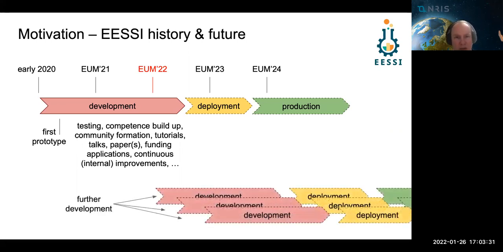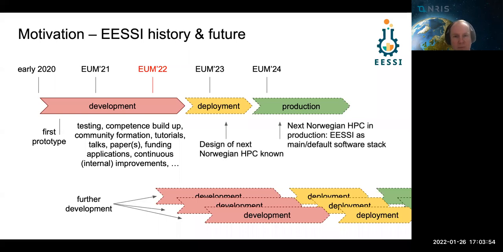Of course, it doesn't mean that the development would end this year. There will be more features requested, more internal improvements, and so on. So the development will go on, and then we will have new releases for EESSI and also deploy and use it.